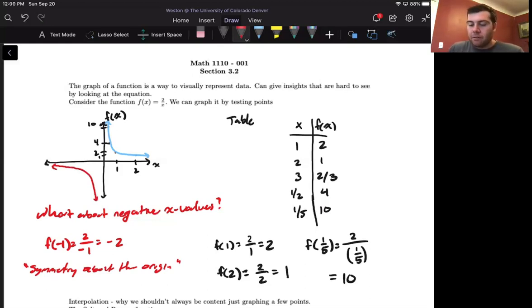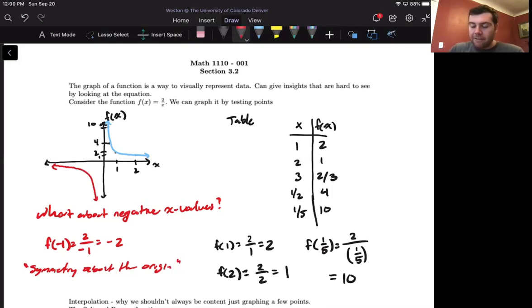Graphs can be a great way to visually represent data or to understand the function. If you're looking at just the equation, f of x equals 2 over x, maybe it's a little hard to pick out what values of x are going to be small or what values are going to be large, which ones are going to be negative.